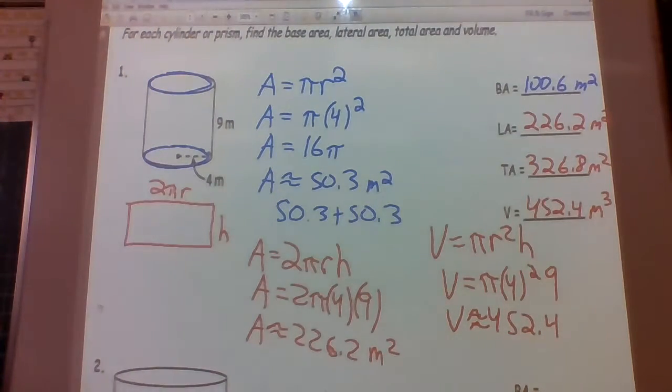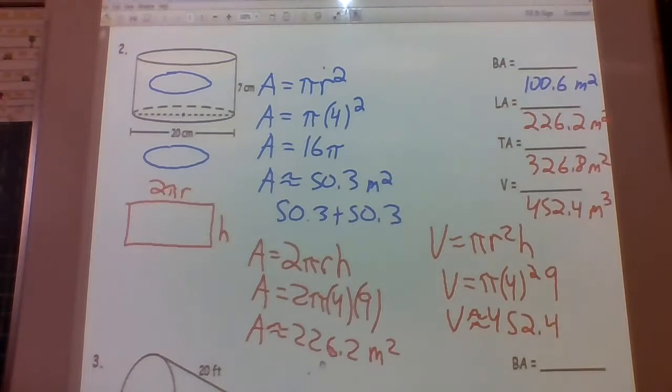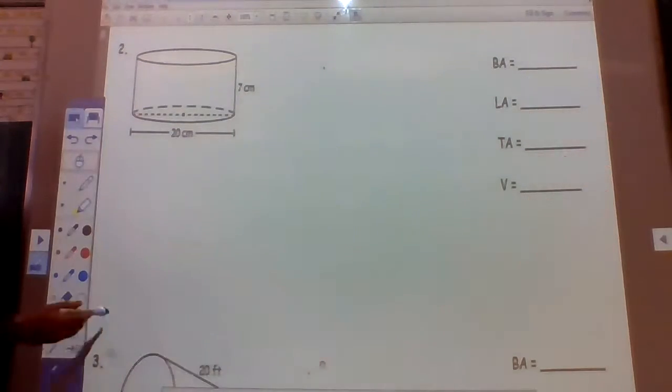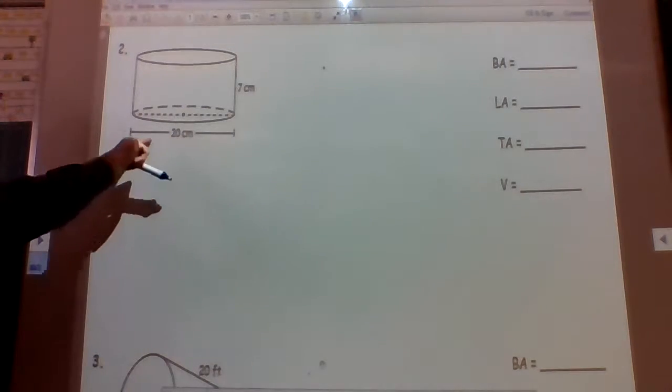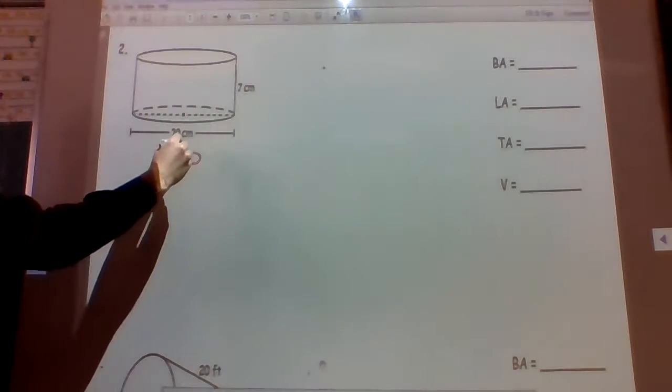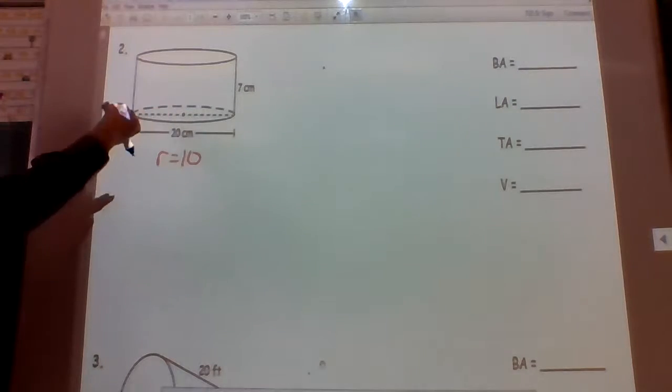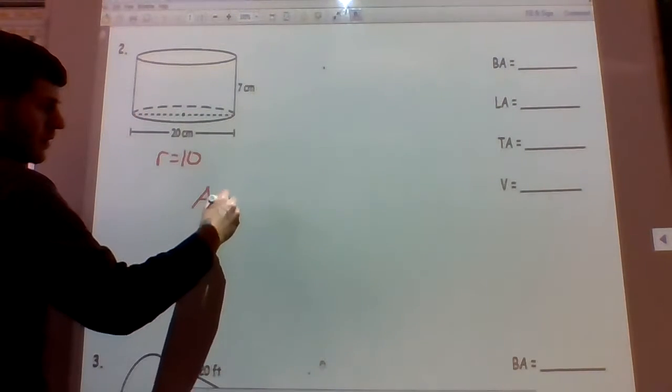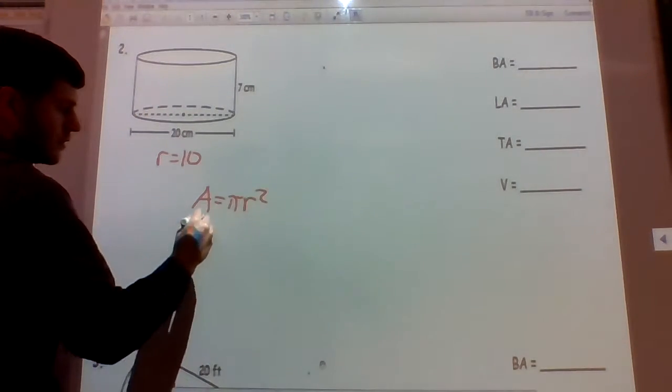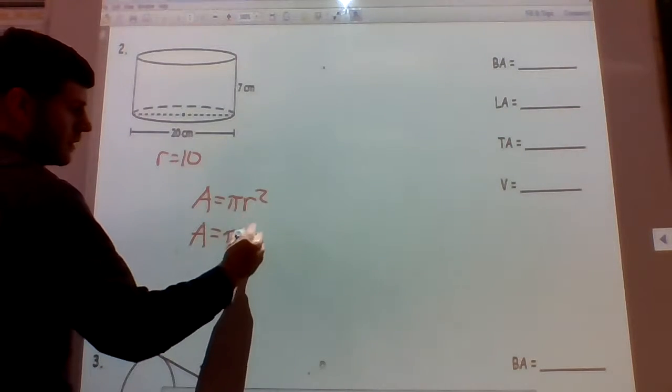Problems 2 and 3 are just like this one. They're both cylinders. The difference here is we're given a diameter, so we know our radius is going to be 10. So the area of the bottom circle, pi r squared, is going to be pi times 10 squared.